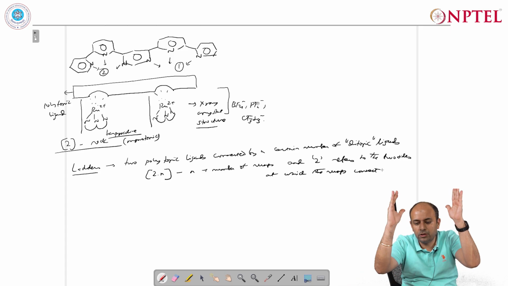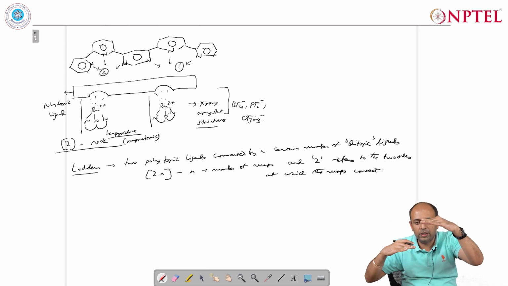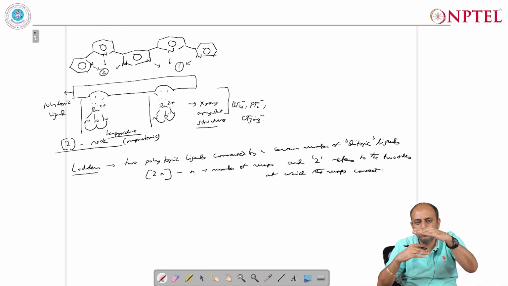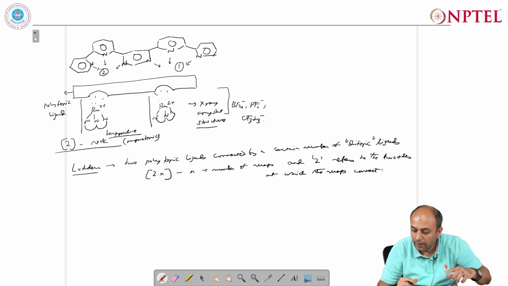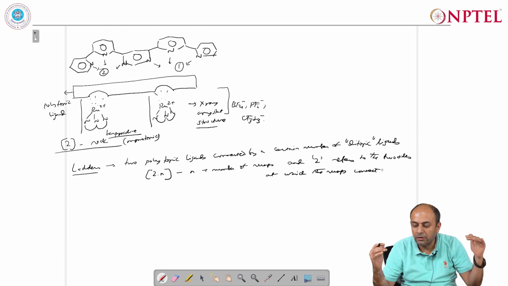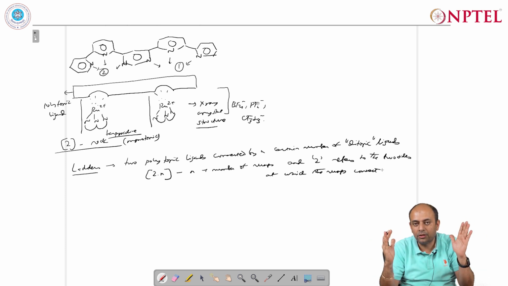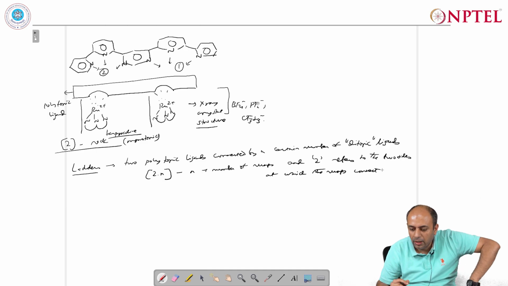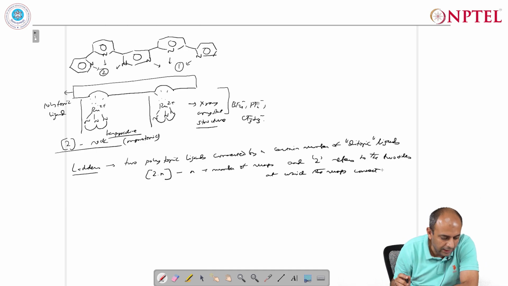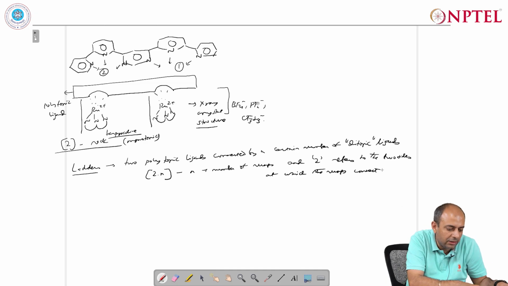So you have this polytopic ligand and the two rungs which connect, and each rung is a ditopic ligand such that both sides connect to both sides of the polytopic ligand. So we have this particular arrangement, and let us look at a specific example where this is satisfied.